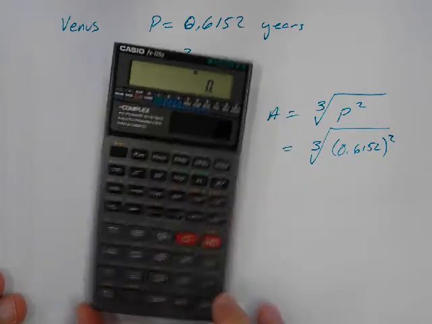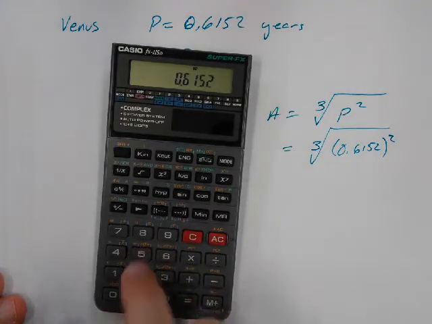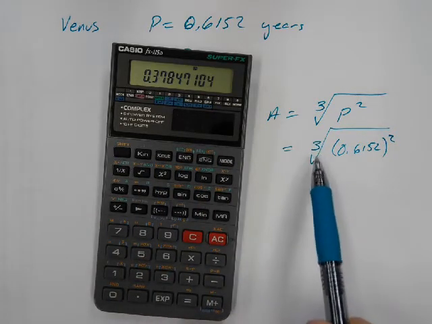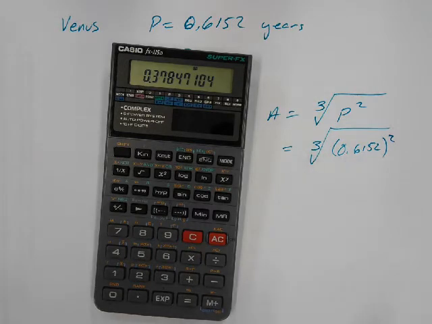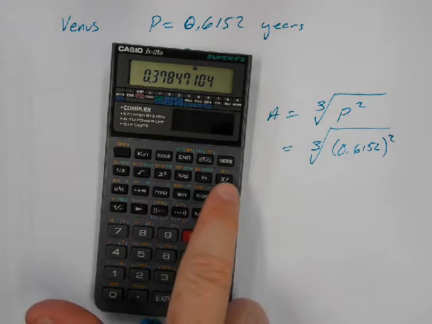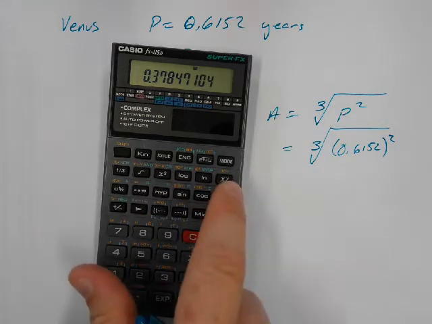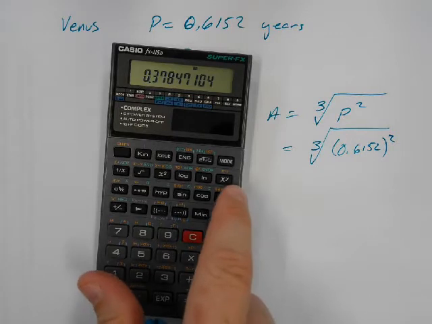Calculator on: 0.6152. We square it. That makes sense. Now we've got to figure out how to take this third root. Usually you have some key that lets you do it in some way. You need to make sure you know how to do that on your calculator. This is why you keep the manual to your calculator.